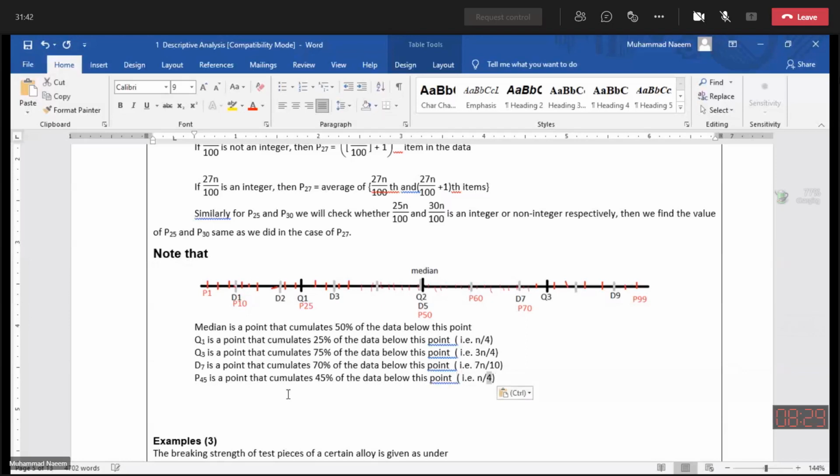In this case, n by 100 is a 100th part of the data, and 45n by 100 means the 45th percentile.